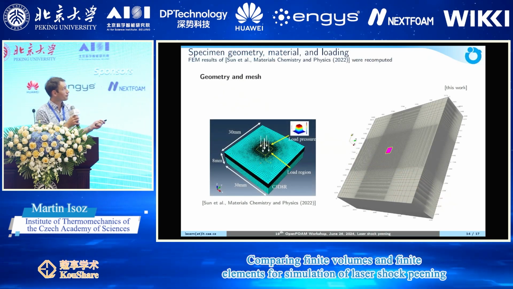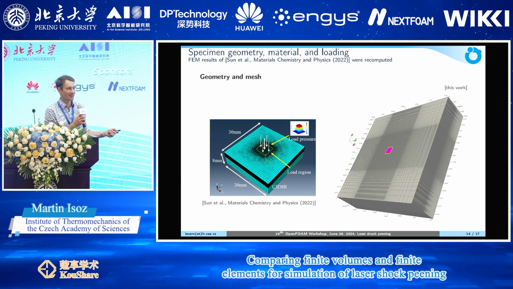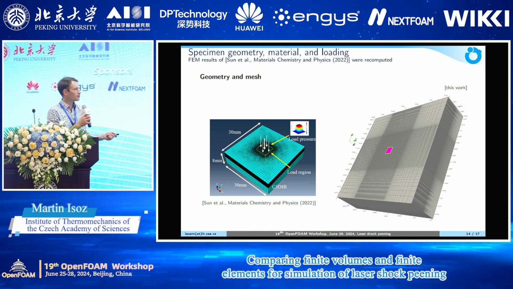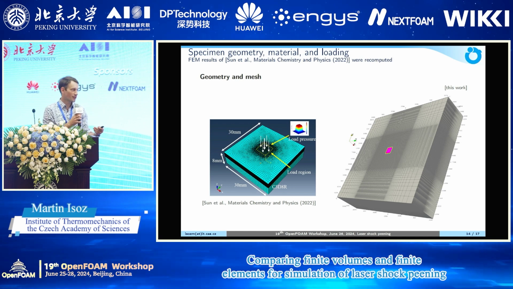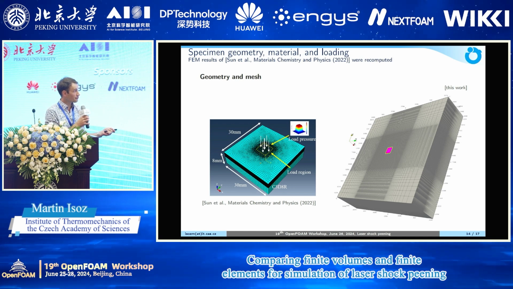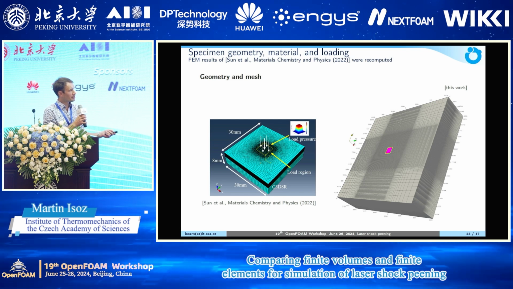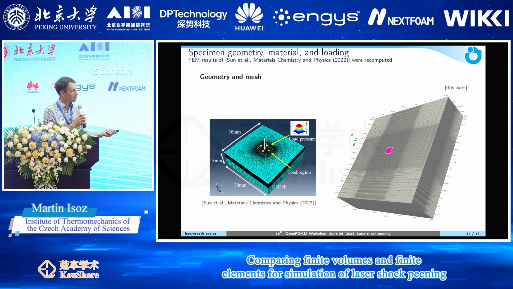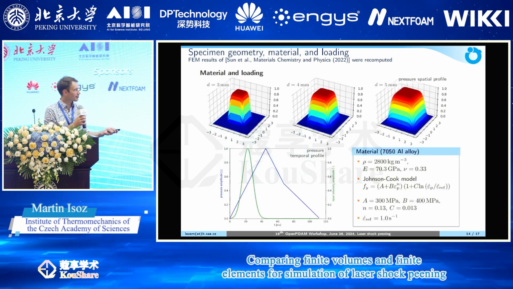For that we found a very nice, quite recent paper, where they did a very simple laser shock peening of some cube or hexahedron with one shot, and they evaluated different spot sizes and so on. And we replicated it in finite volumes. We used a different type of mesh, but otherwise everything is the same.